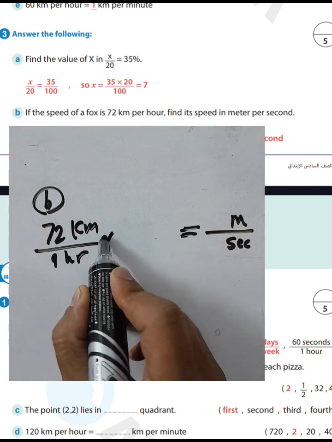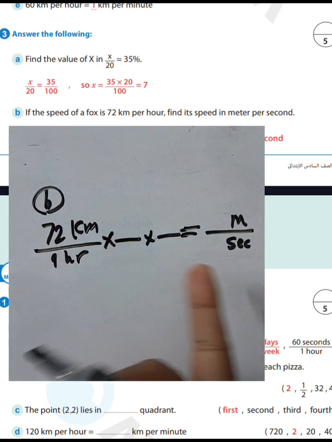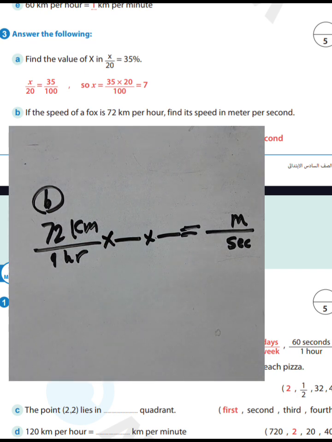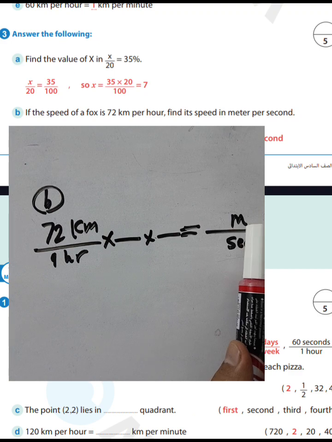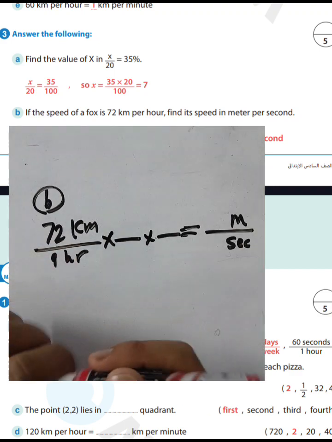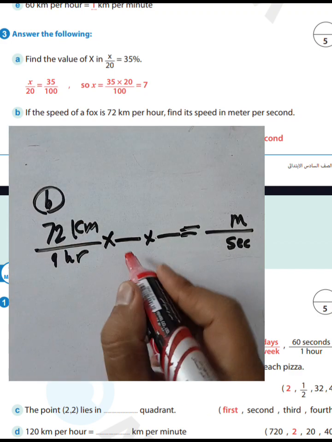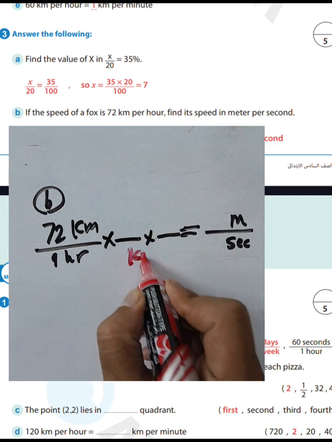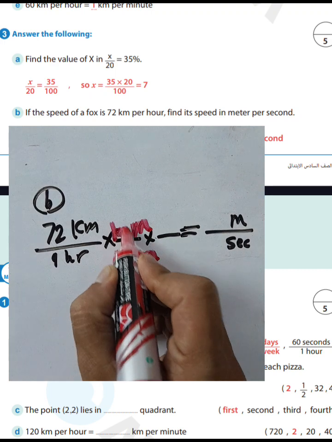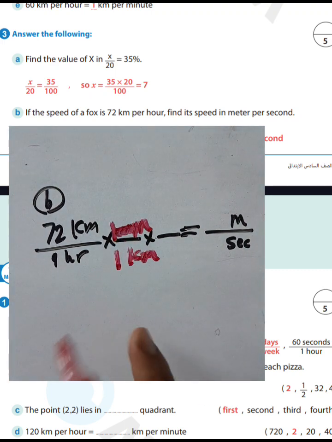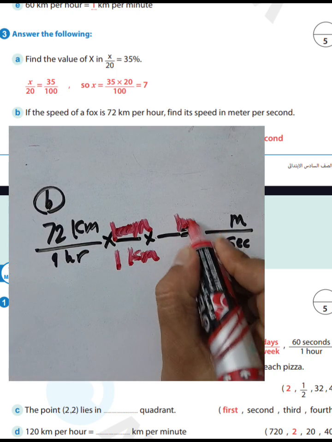We have two conversion factors. For the first, cancel kilometer and the new unit will be meter. To cancel kilometer, write kilometer down and write meter up. And we know 1 kilometer equals 1000 meters. And to cancel hour, write hour in the numerator.